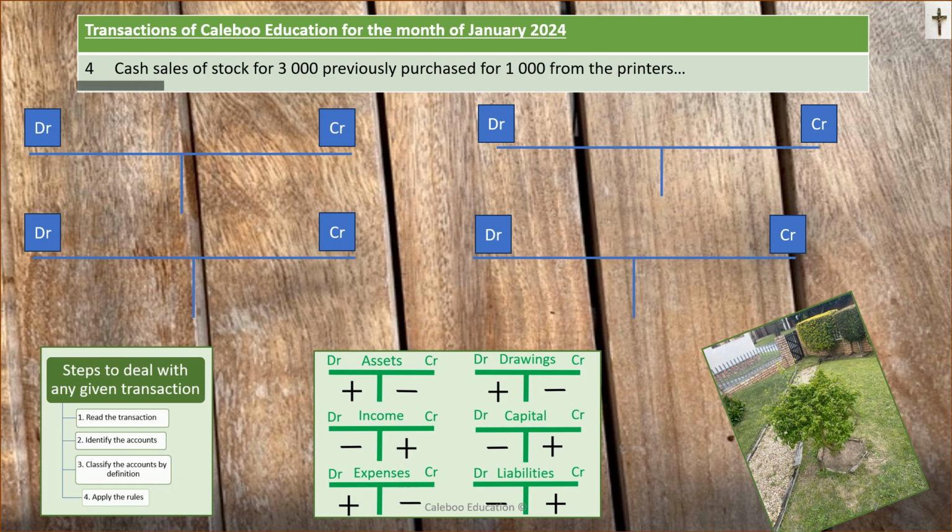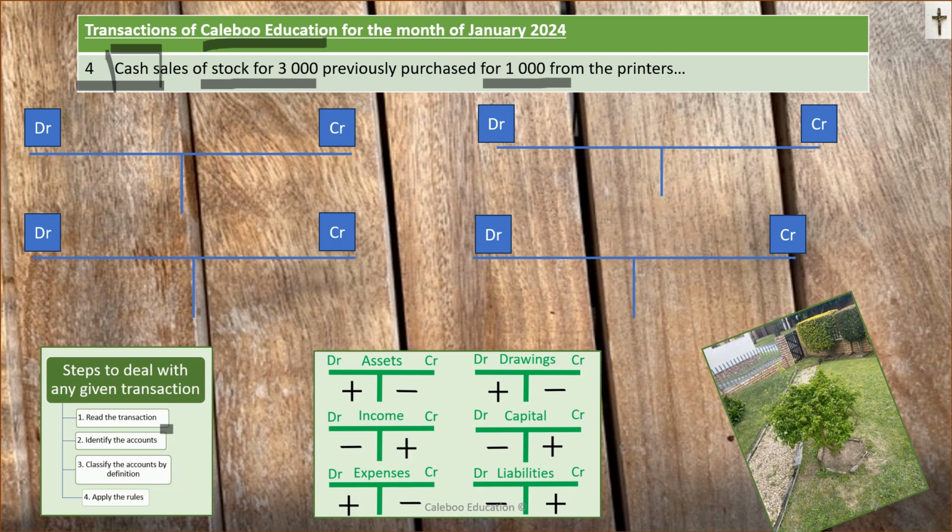So Calibu Education has made a sale of stock. The selling price is 3,000, and the stock that is being sold for 3,000 was purchased for 1,000. This is a cash sale, so the one account when cash is involved will always be bank.